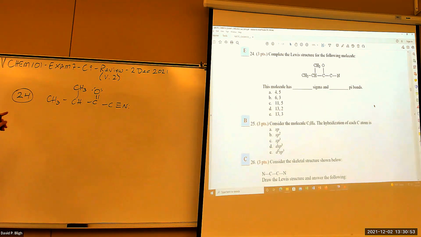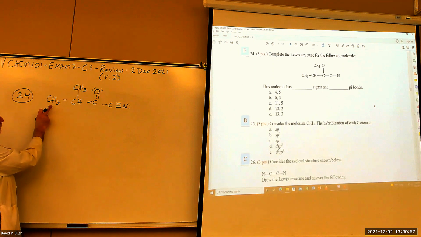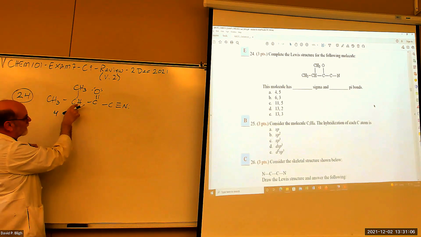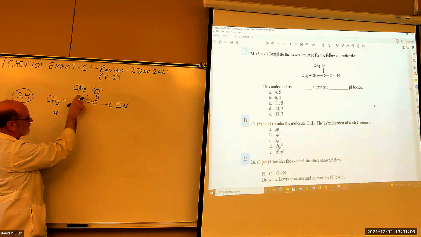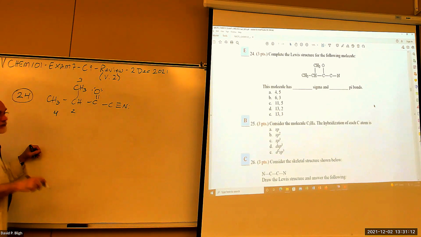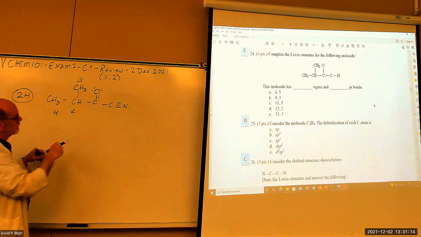But once you know this, how many sigmas and how many pi's? Well, there are 3 sigmas here. Remember the notation. There are 3 here, 1 there, so that's 4. There's 1 there and 1 there, so that's 2. But there are 3 here. Single bonds are sigmas.